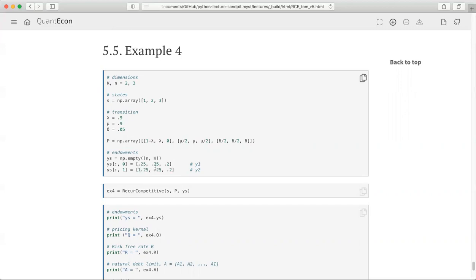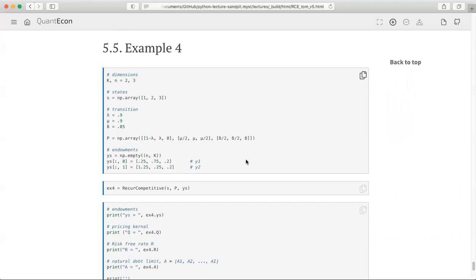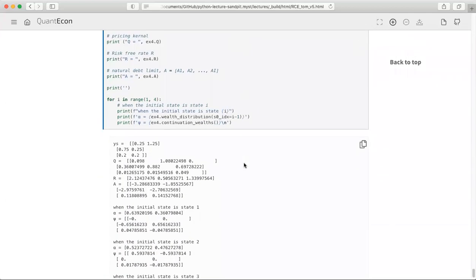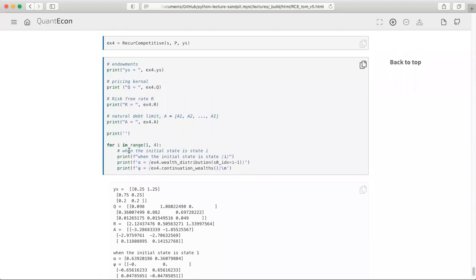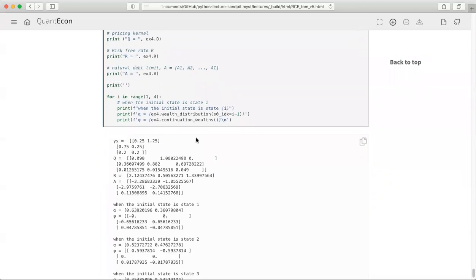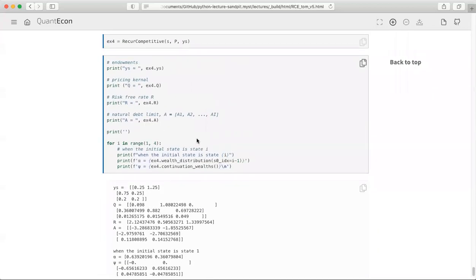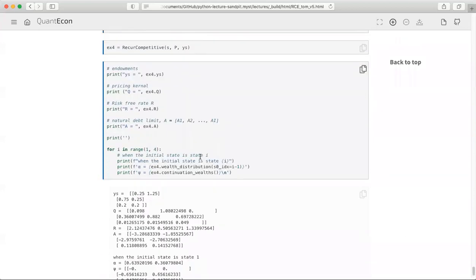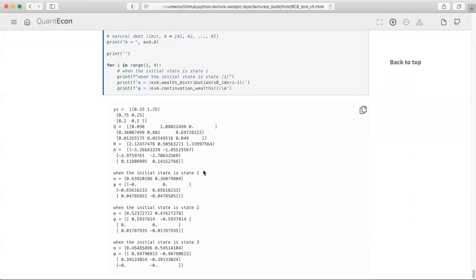We'd come back up. Those are both pretty good. That's what happens. You just compute things and print them out. I'll let you study this because there's a lot going on here. We can figure out what happens to the distribution of wealth and so on when we start people in different states. That's what you can read from here.